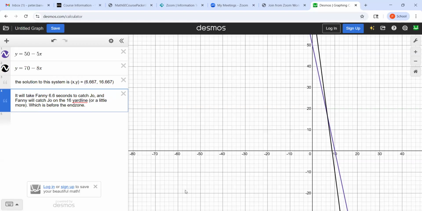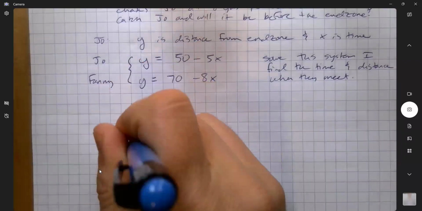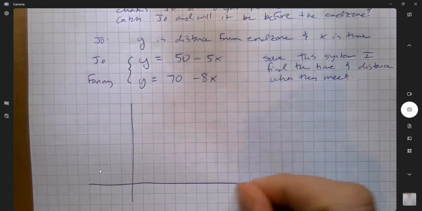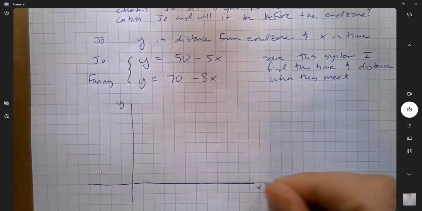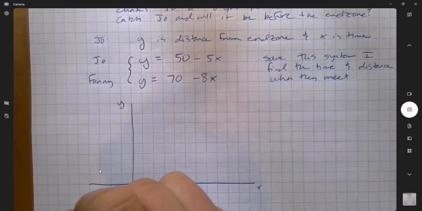I'll transcribe these over to the paper just so you have them in my paper notes. And also we can practice sketching these graphs by hand. So this is y and x. When y is 0, that's the end zone.